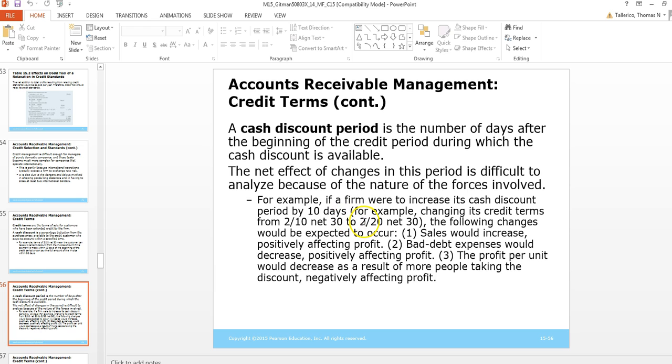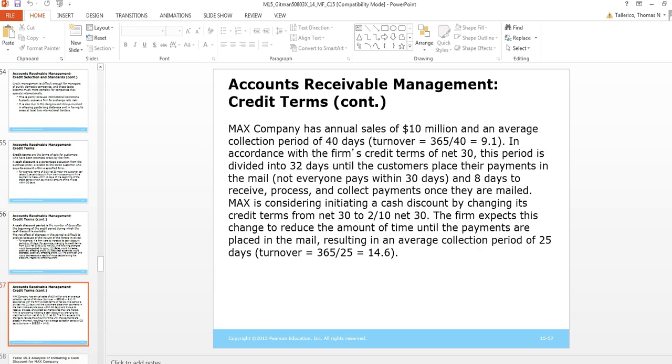So 2/10 net 30, and some will change it to 2/20 net 30 and give you 20 days to pay, but that affects your bottom line, right? Because you could be investing money that you could be collecting early, so that will be affecting you. So here's another example of all that, and they relax the credit standards, right?